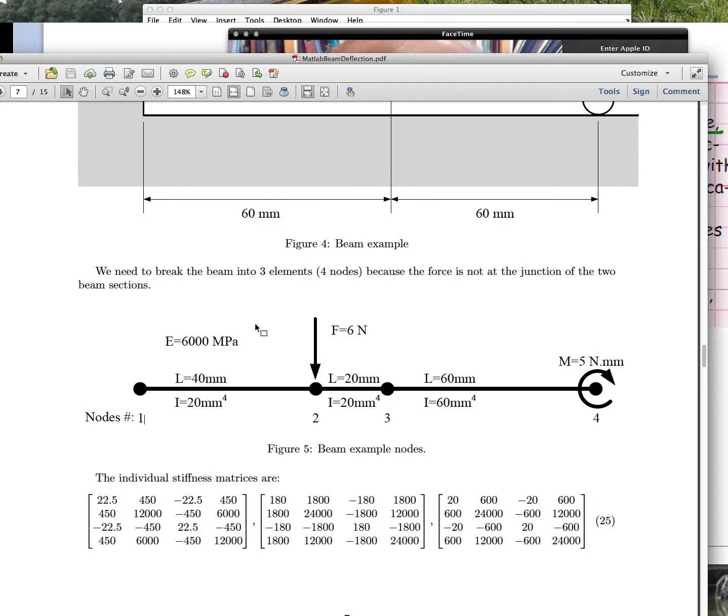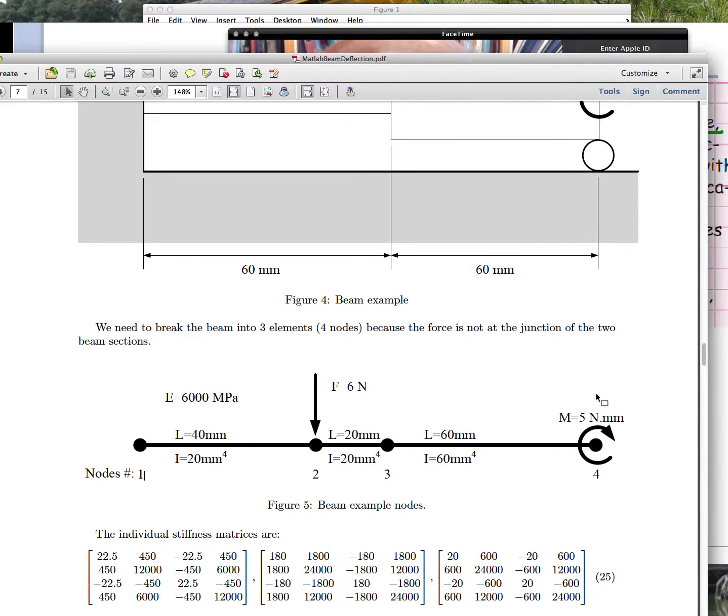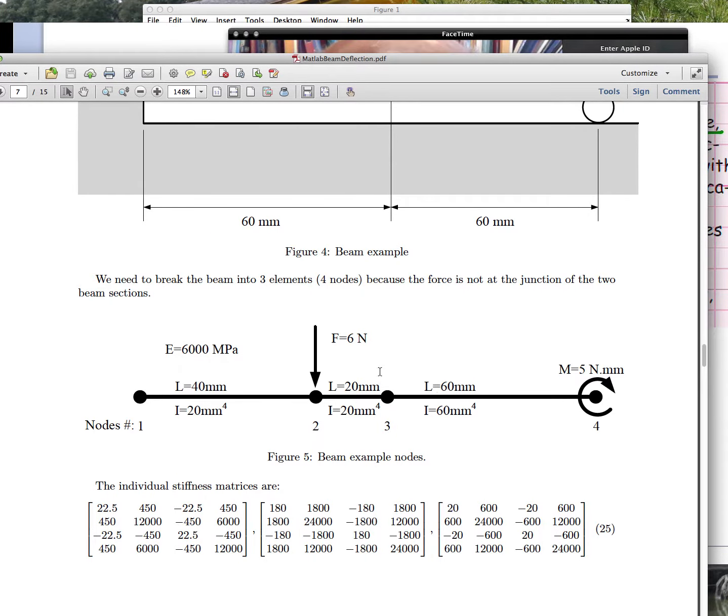We have to break it down into 4 nodes, the 2 end nodes, 1 and 4. So on these 2 end nodes, we know the boundary conditions. This is 0 displacement, this is 0 displacement. And then we also know that we have a concentrated force on node 2, and we know that we have a concentrated moment on node 4, and then we know the length and the moment of area between node 1 and 2, 2 and 3, 3 and 4.